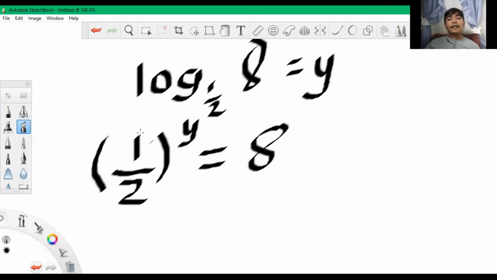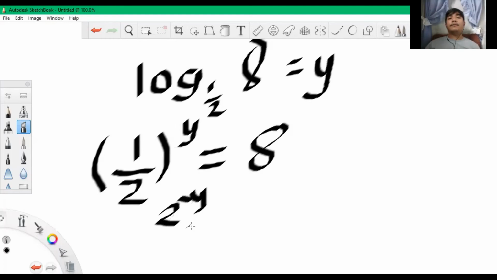So, kung kukunin natin yung reciprocal nito, para mapunta muna yung 2 doon sa numerator. So, when we get the reciprocal, it will become 2 over 1. So, pwede na nating i-write lang ang 2 because 2 over 1 is also equivalent to 2. And its exponent is y, but dahil kinuha natin ang kanyang reciprocal, y will become negative.